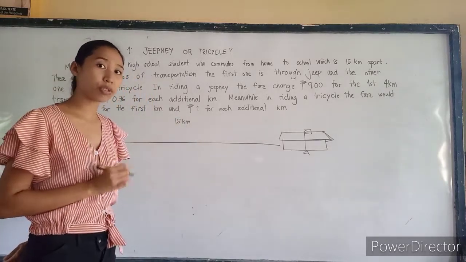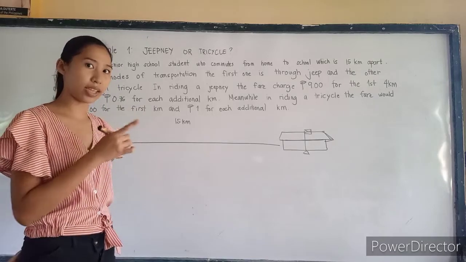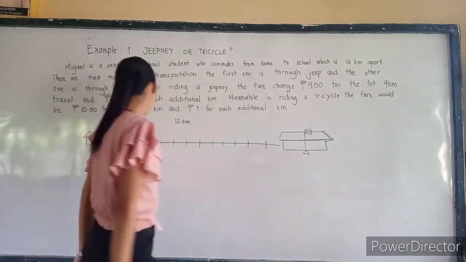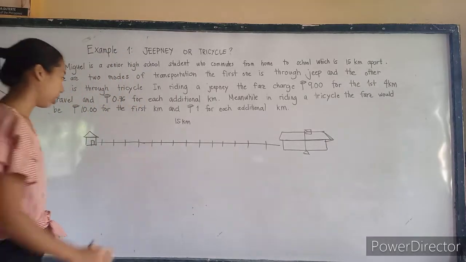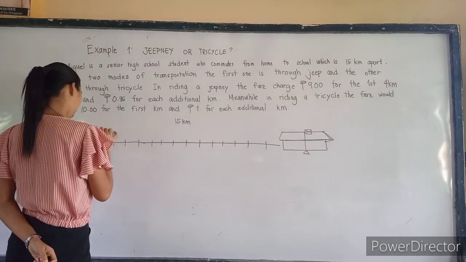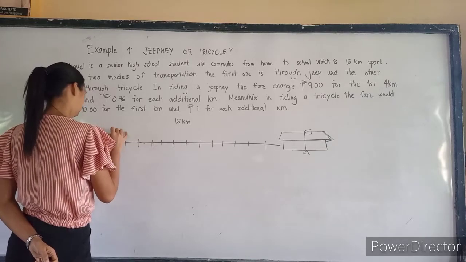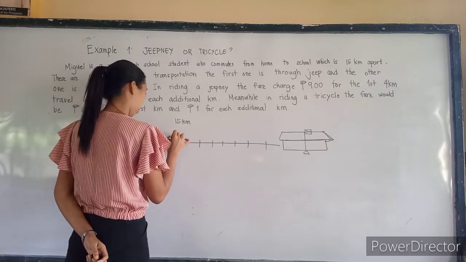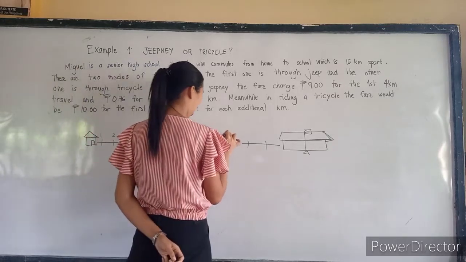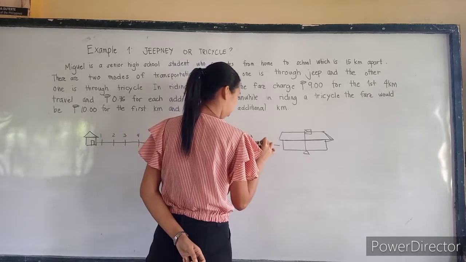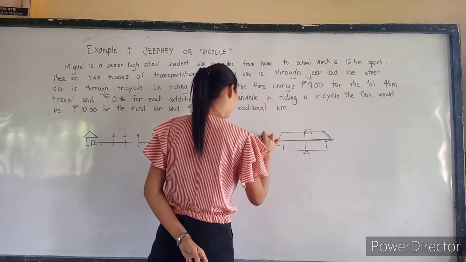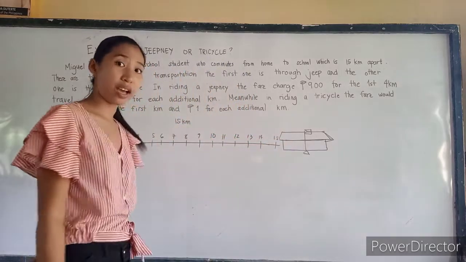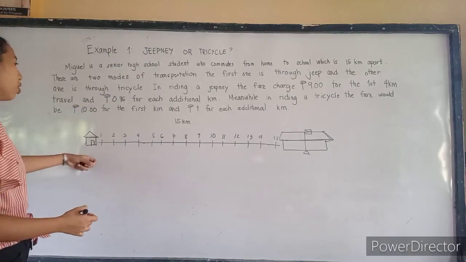Alright, so I am going to draw points or lines para diha na siya gina-indicate ang 1 kilometer na distance. Okay, for instance, muna siya. And then each one of these points indicates your 1 kilometer. 2, 3, 4, 5, 6, 7, 8, 9, 10, 11, 12, 13, oy, kulang, 14, 15. Abot na ka sa imong eskwelahan. Okay? So, muna na siya.